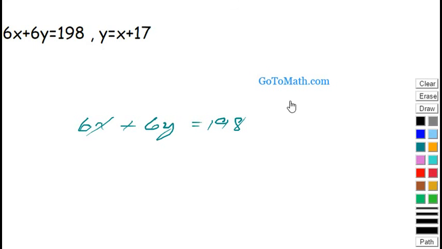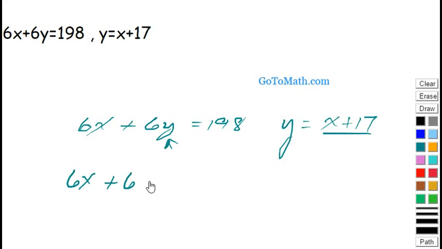And then of course we have y equaling x plus 17. I think actually I am going to go to a little thicker there with the line. And so what I'm going to do is I'm going to take this x plus 17 and plug it in right here, okay? So we end up with 6x plus 6 times (x plus 17) is equal to 198.